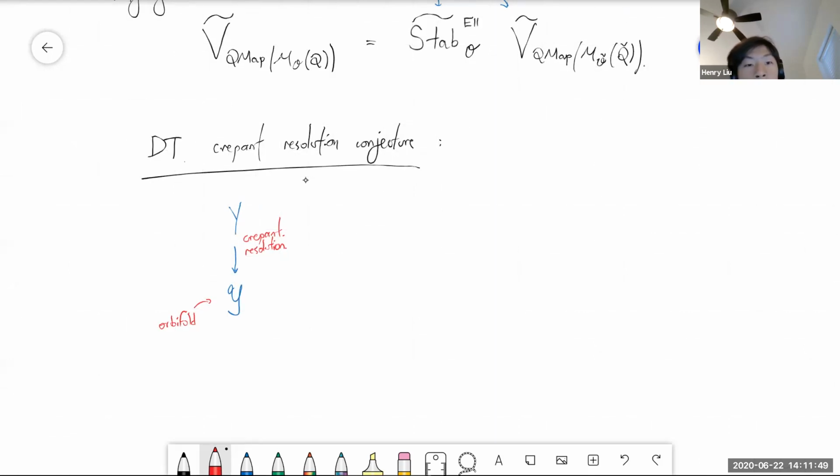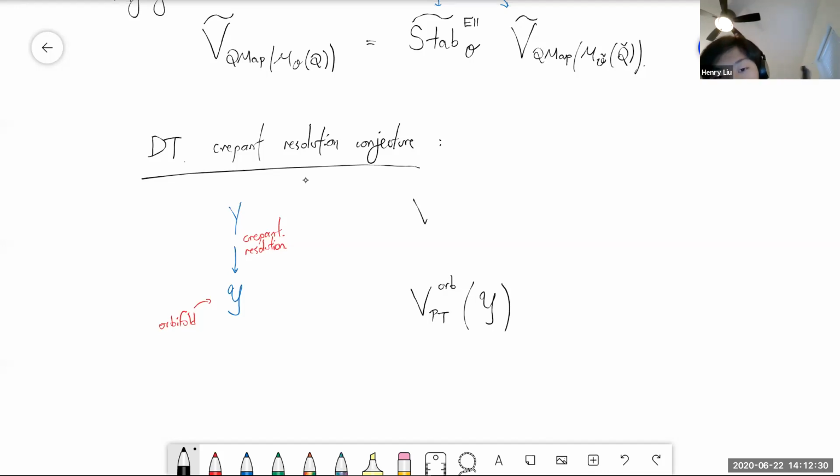Then, in general, there's this whole philosophy of various kinds of crepant resolution conjectures, which say that there is some kind of relationship between the quantum geometry of the thing upstairs and the thing downstairs. The specific statement that we care about is a sheaf counting version of this, where you say something like, if you write down the vertex for PT theory of the orbifold Y. Okay, so there's some notion of an orbifold PT vertex, which we'll call the orb.